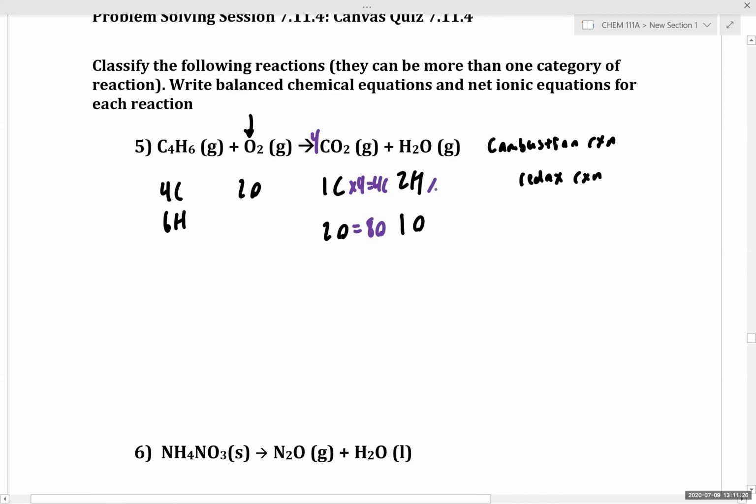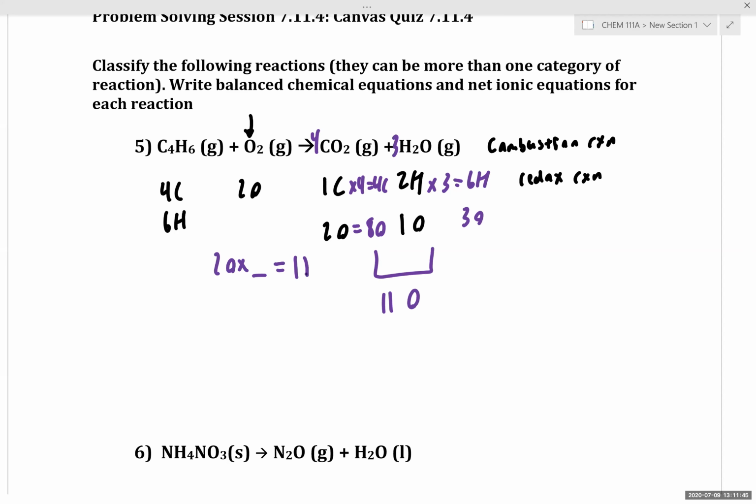Now to balance hydrogen, 2 times 3 would give us 6 hydrogens, and now we have 11 oxygens to work with. 2 oxygens times what would give us 11? Let's remember our half notation rule. We can use fractions, right?